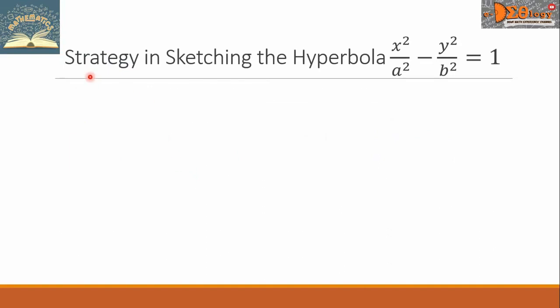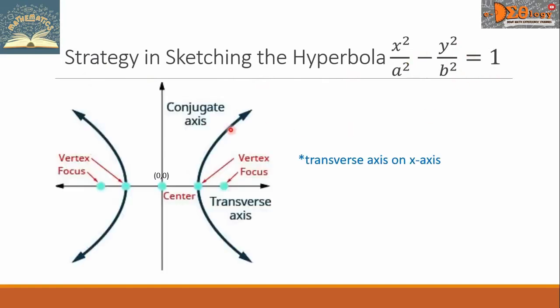Here is the strategy in sketching the hyperbola. x squared over a squared minus y squared over b squared equals 1. We know that this is a hyperbola whose center is at the origin and the transverse axis on x-axis.